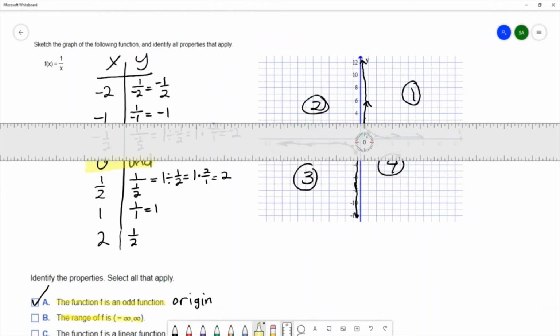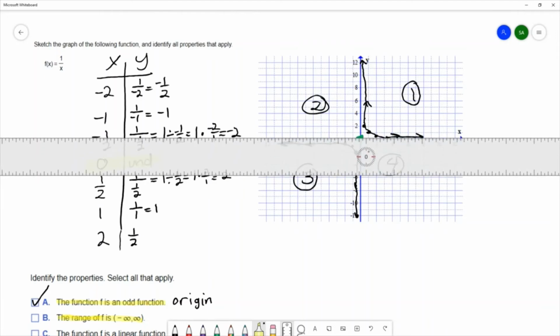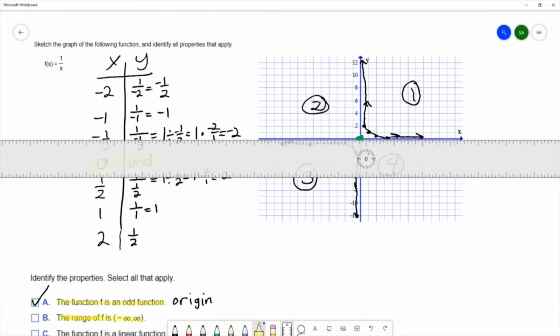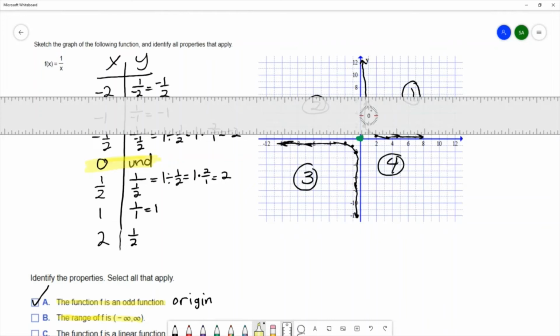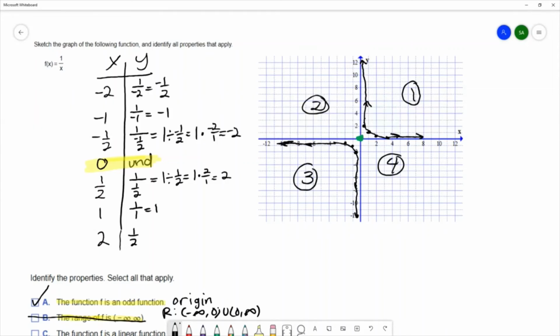So we never achieve a y value of 0, and so the actual range is negative infinity to 0, union with 0 to infinity, and so we would not select this property for this function.